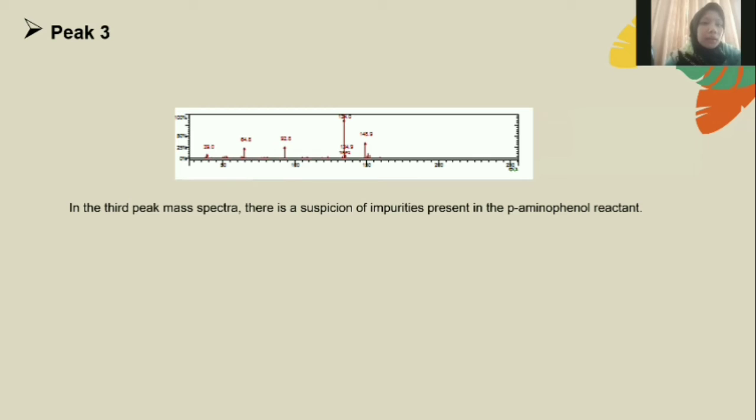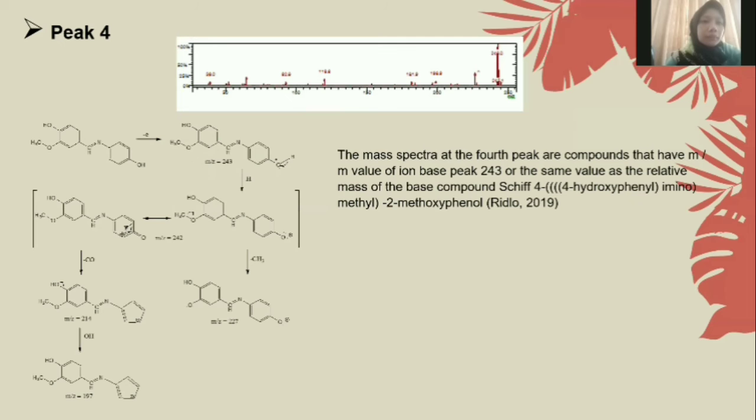In the third peak mass spectra, there is a suspicion of impurities present in the para-aminophenol reactant. Next, peak 4. The fourth peak and fragmentation pattern can be seen in the figure. The mass spectra at the fourth peak are of a compound that has an m/z value of the ion base peak of 243, the same value as the relative mass of the target compound 4-hydroxyphenyl imino methyl 2-methoxyphenol.